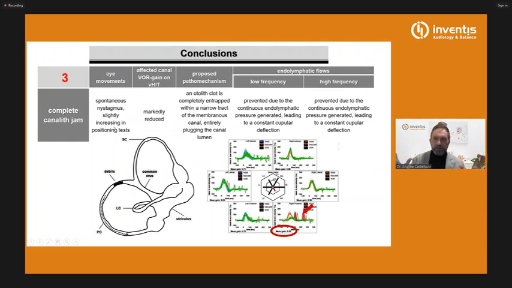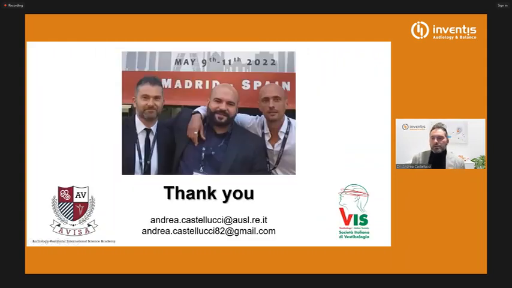We can say that it is modulated by gravity, and the VOR gain of the video head impulse test of the affected canal is markedly reduced, and the lymphatic dynamics, both in low frequency and in high frequency, are impaired because there is a continuous lymphatic pressure generated, leading to a constant cupula deflection. So it will lead to an important reduction of the VOR gain for the affected canal.